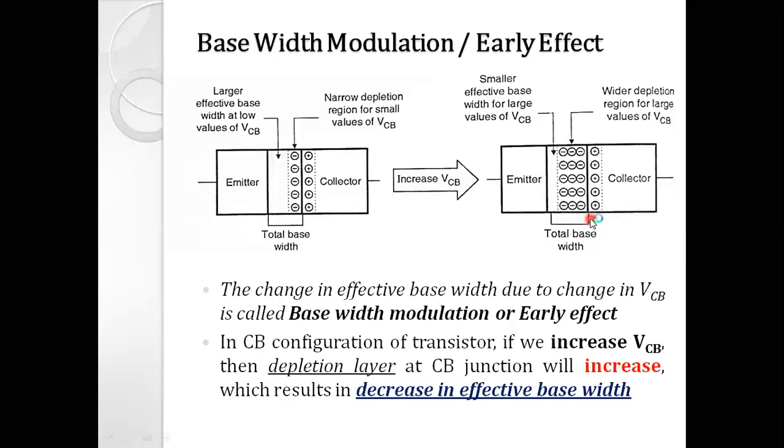And due to reverse bias condition, the depletion region is created at the base collector junction. So in CB configuration of transistor, if we increase VCB, that means we are trying to reverse bias the base and collector more and more.